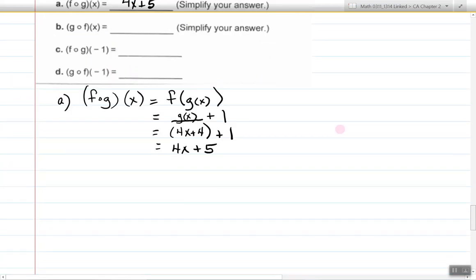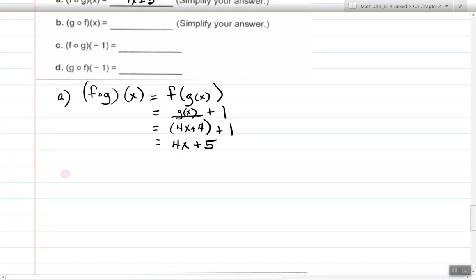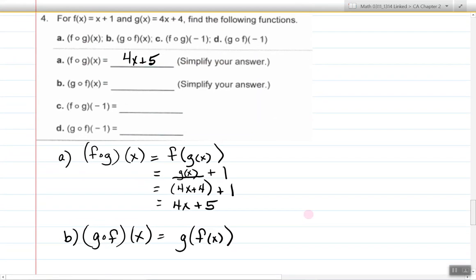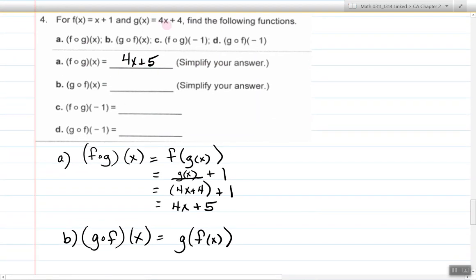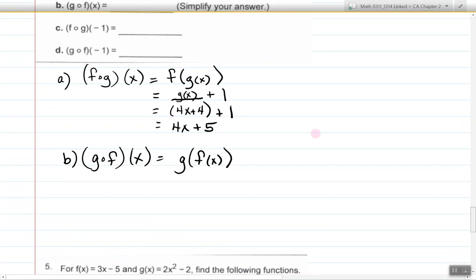If I reverse that, g composed with f of x, that is g of f of x. Well, let's see. The g function is 4 times something plus 4. But what is the something? It's f of x.